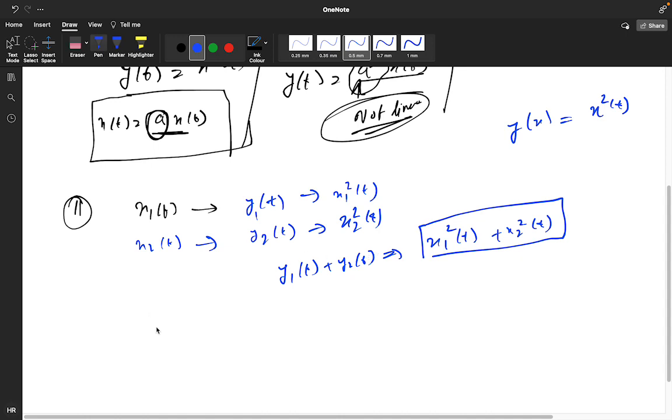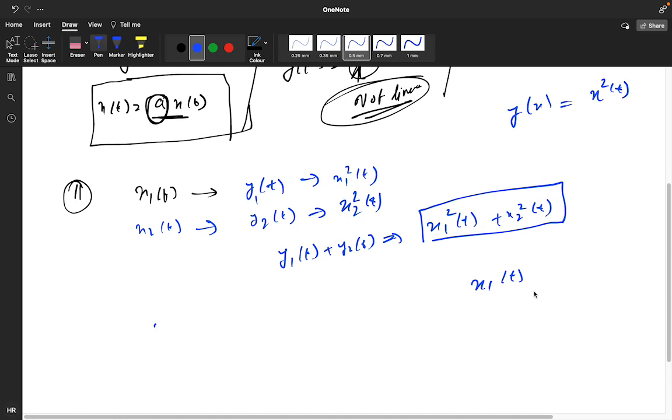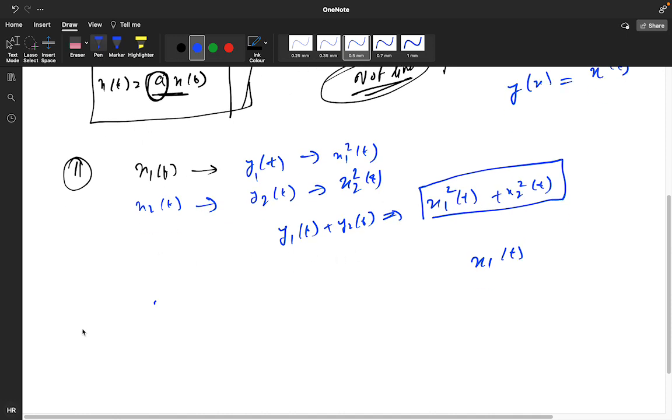We need to get the additions, meaning our input should be x1 of t plus x2 of t. Now suppose you are taking your new input x3 of t equal to x1 of t plus x2 of t.